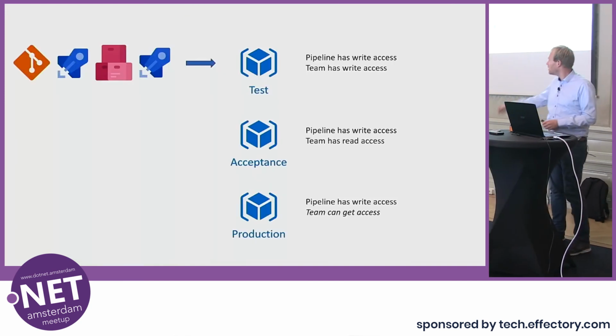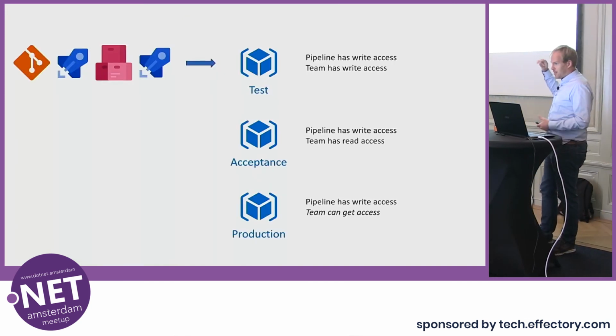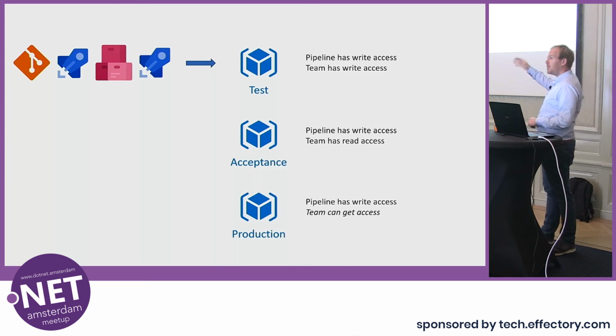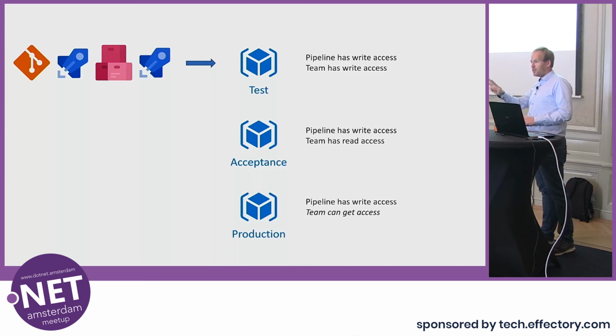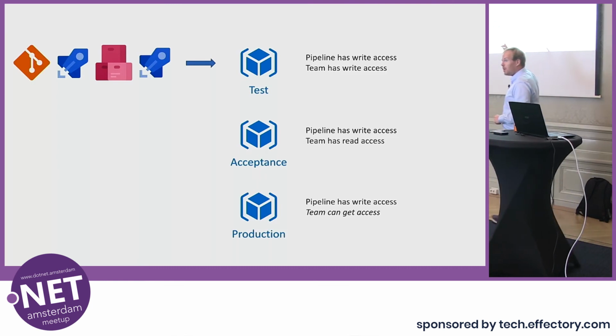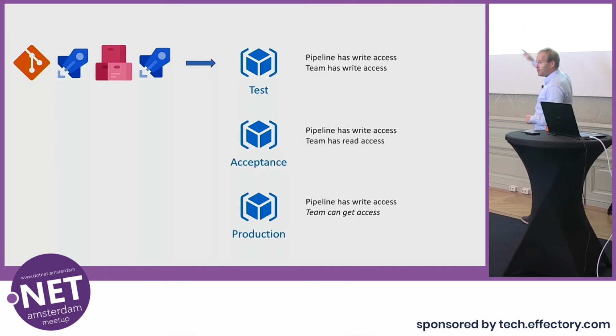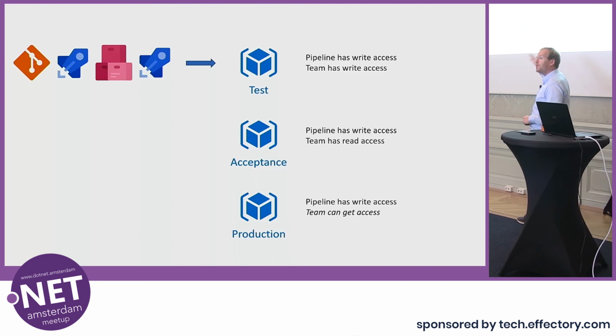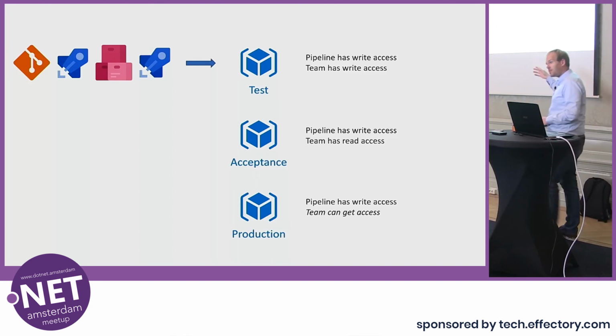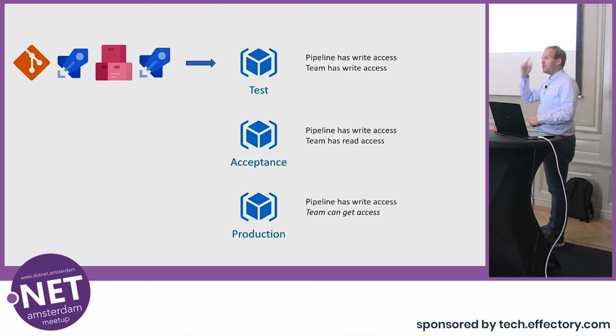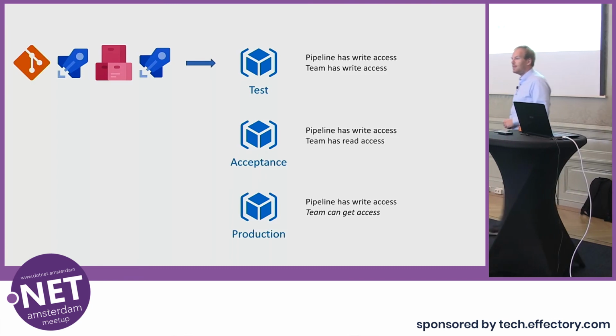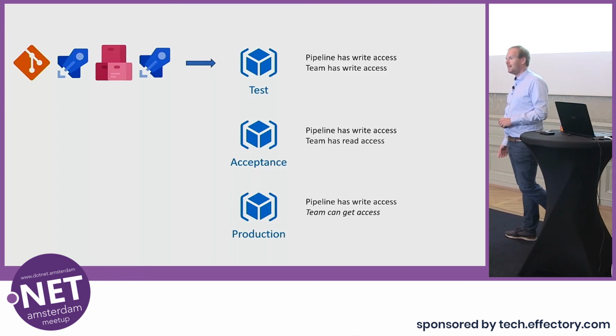But this means that within your, assuming Azure DevOps environment, you're going to provide 3 service endpoints. 1 to the test resource group, 1 to the acceptance resource group, and 1 to the production resource group with the appropriate assignments. And you're going to use them in the correct stages of your release. But it's safe, right? Safer, I would say.